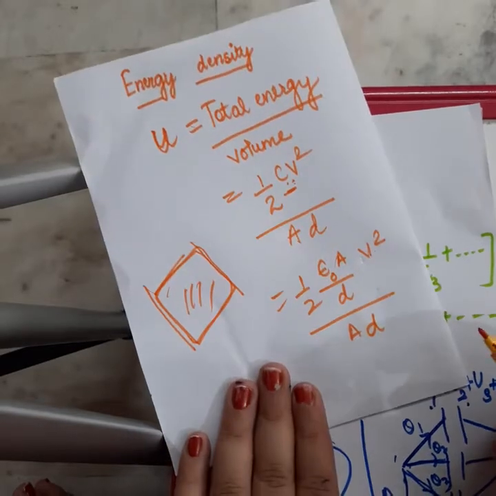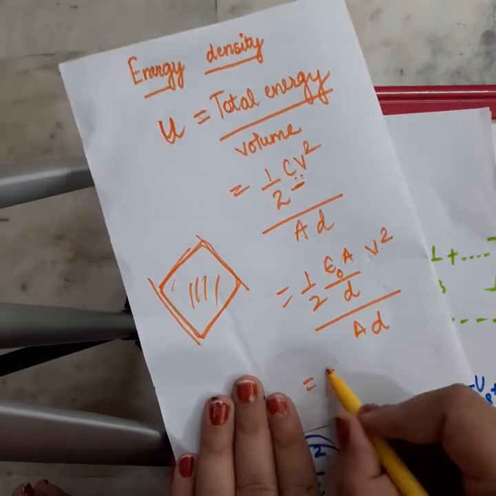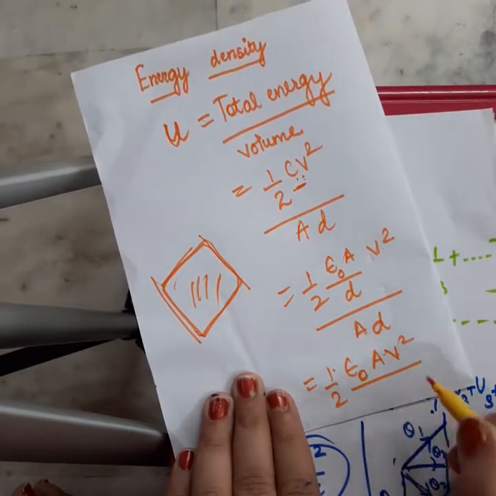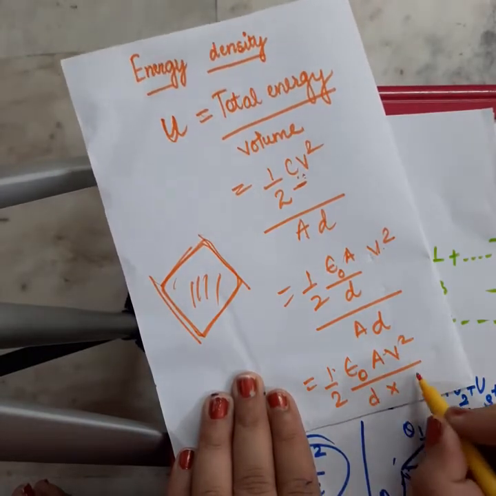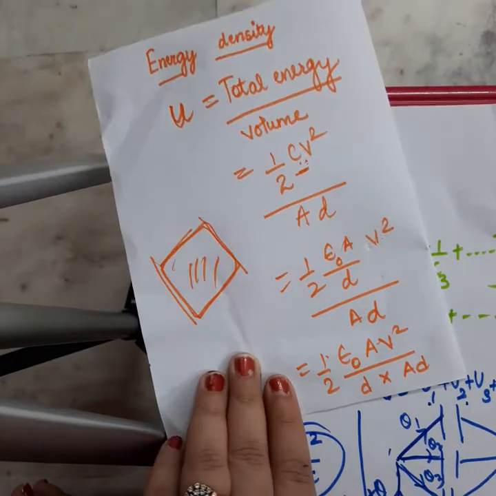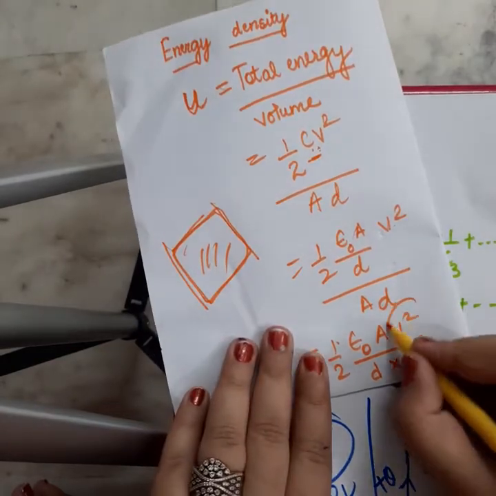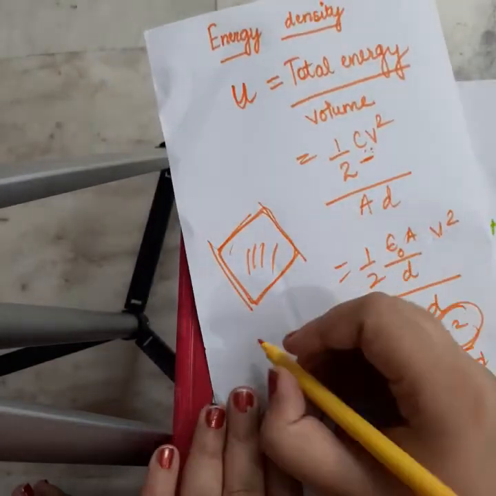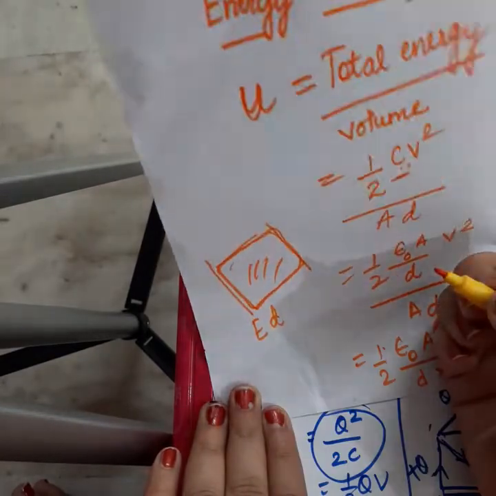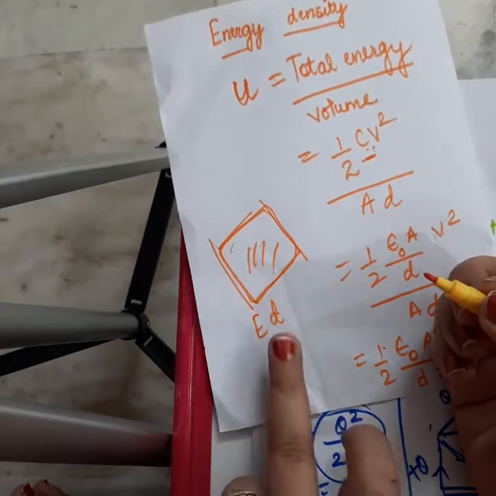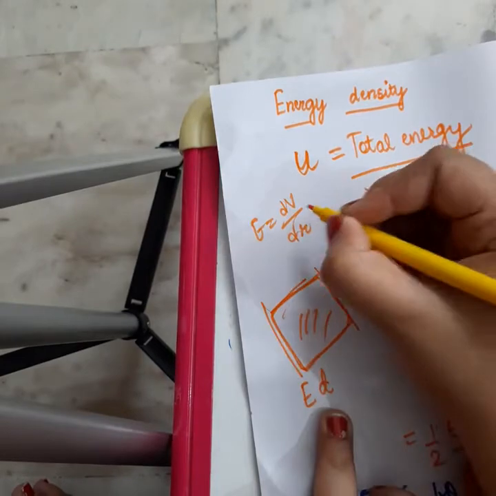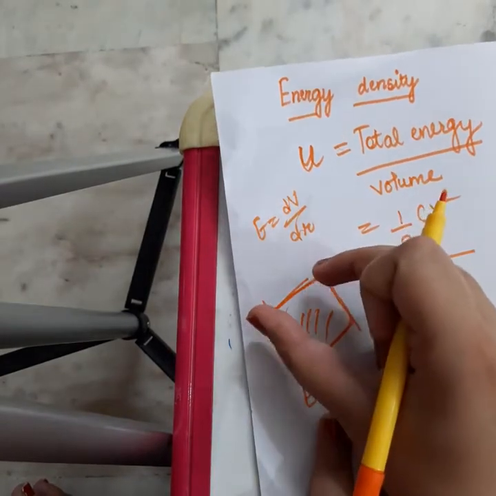So what you will be left with is 1 upon 2 epsilon naught A V square divided by D into AD. After that, we know that this V, the potential difference, can be written as electric field multiplied by distance of separation, because E is equal to dV upon dr, potential difference per unit length.